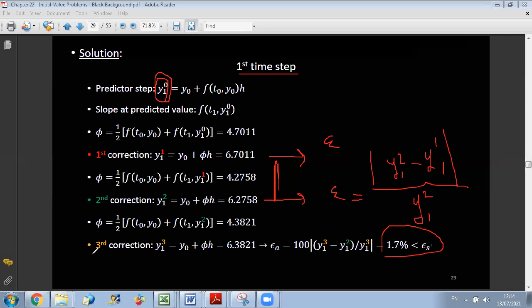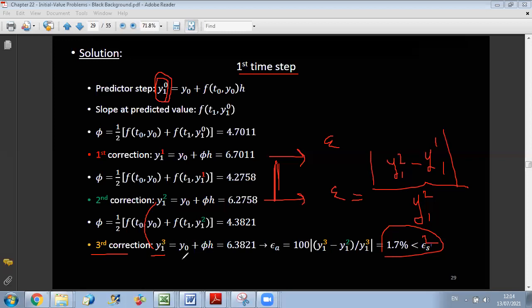I do the third correction, I compute first y_1^3, then when I compute y_1^3, I can compare now the approximate relative error between y_1^2 and y_1^3. I will get it small, 1.7%, smaller than 2. So I say, okay, I can stop here.